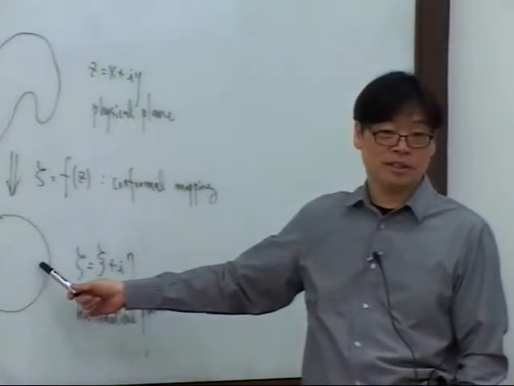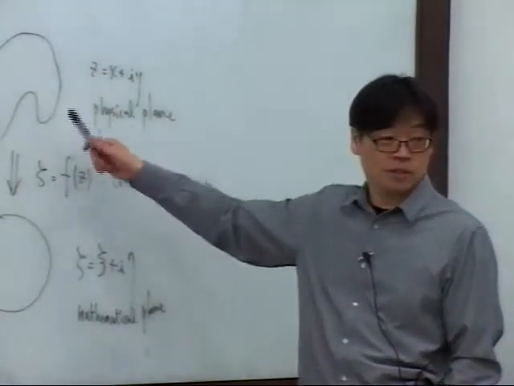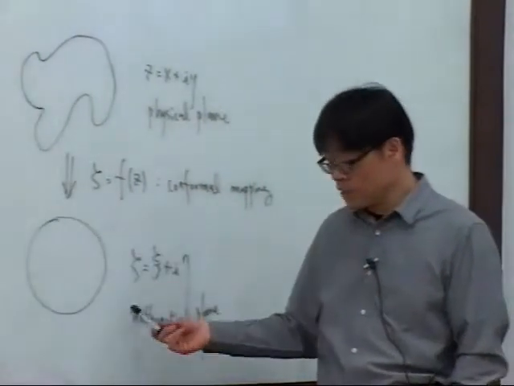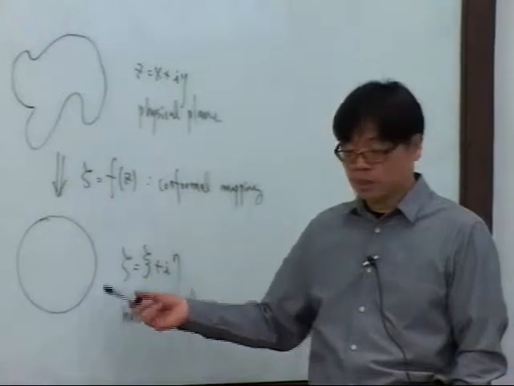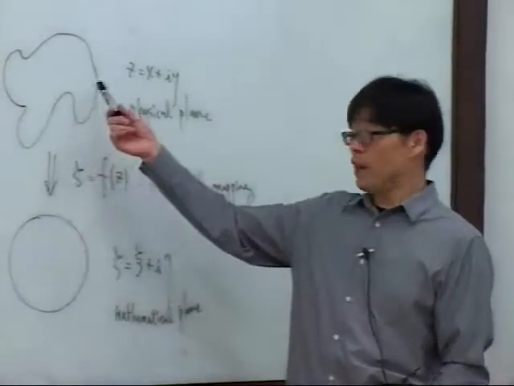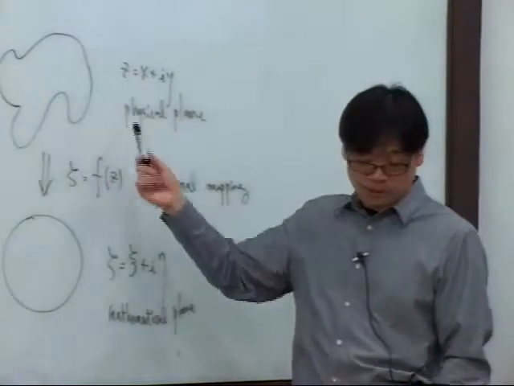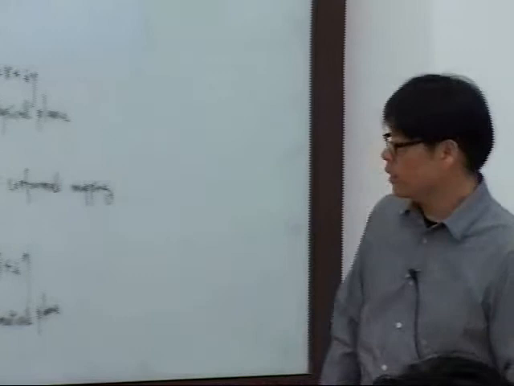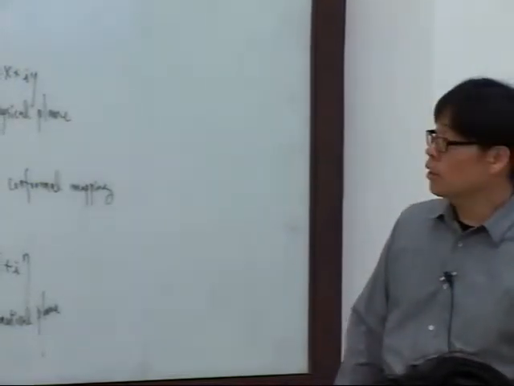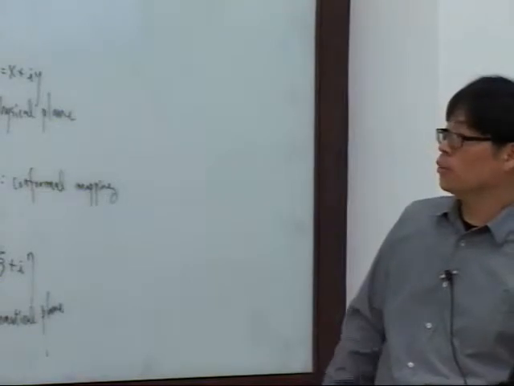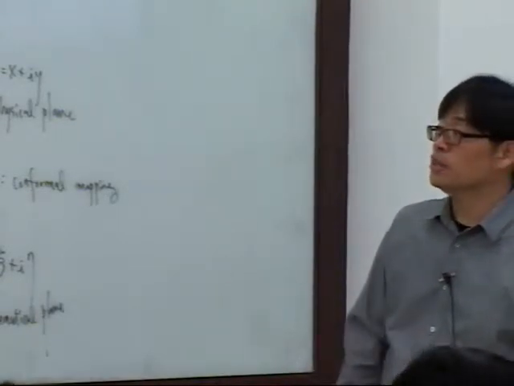There is an analytic transformation between two geometries, and then you can write the solution in the zeta plane using uniform stream plus dipole, and then you go back to write the solution in the physical plane by using this mapping function, and then that's it. Okay, so to use this kind of trick, we often use complex potential.